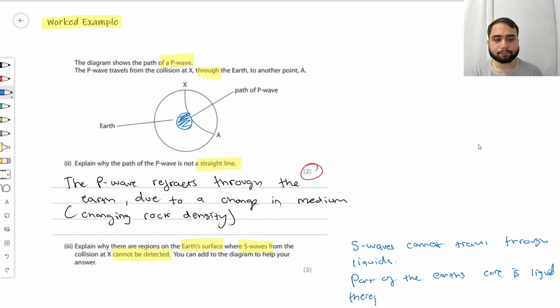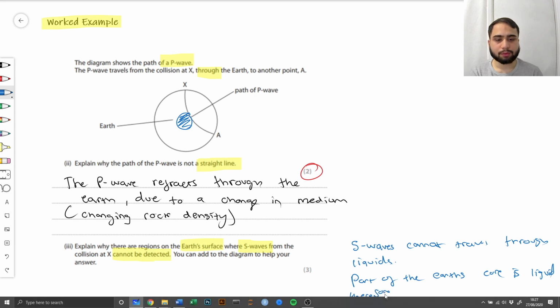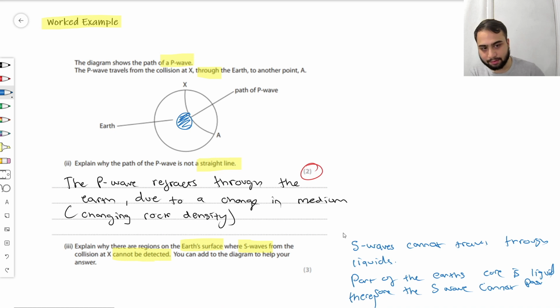Therefore, the S wave cannot pass through the center and be detected on the other side. I'm running out of space. Should have done it higher. That's the little bit that I don't have space to write, but you can write it yourself. So that will be 3 marks right there.